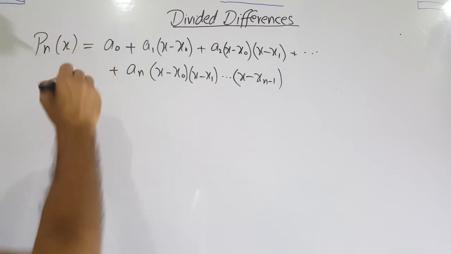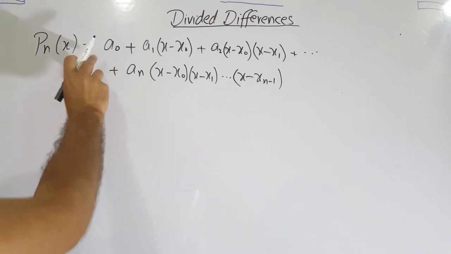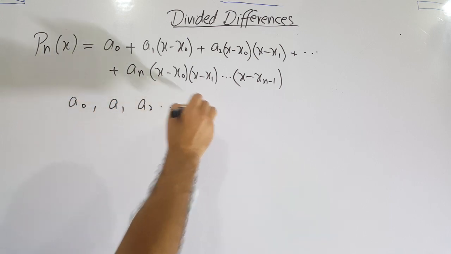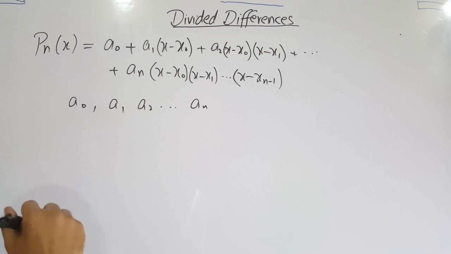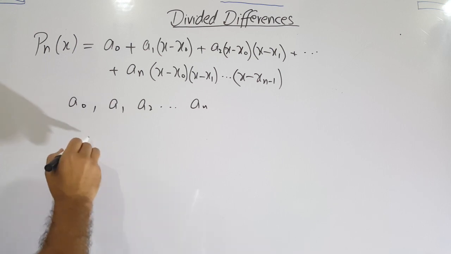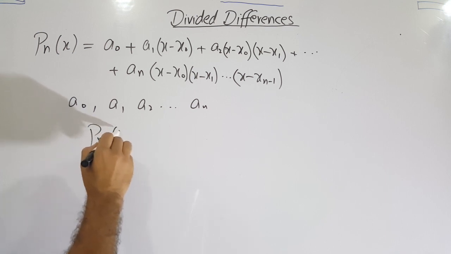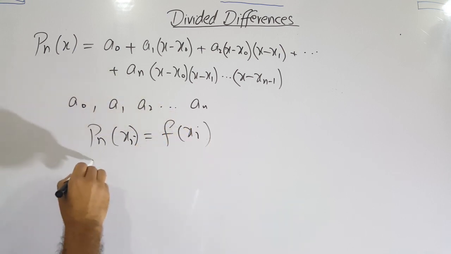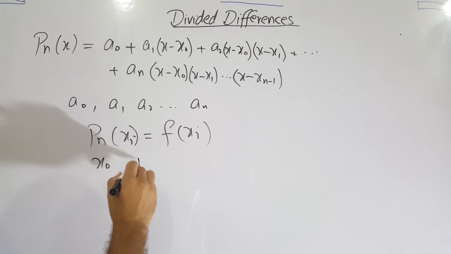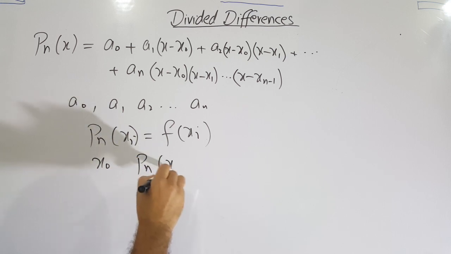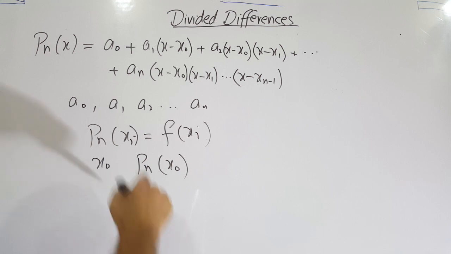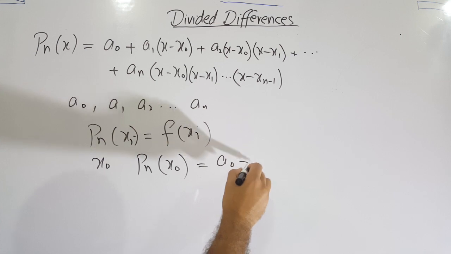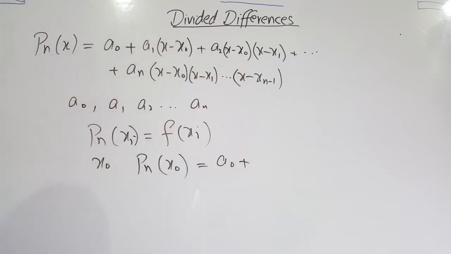Now we can find out the a0, a1, a2 and an terms by putting values in xi, f of xi. So if we put x0 here, then this becomes x0, and we have a0 plus all the remaining terms for x.